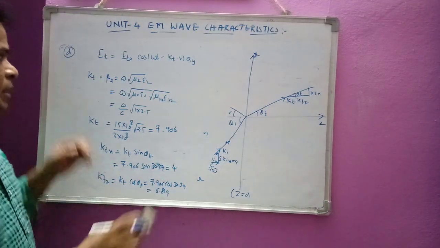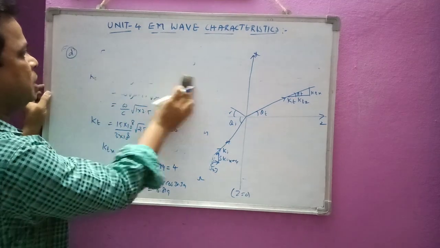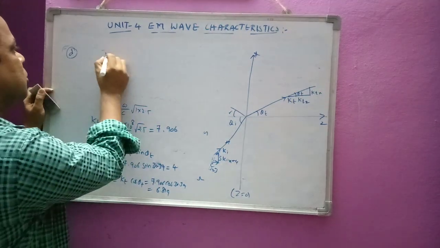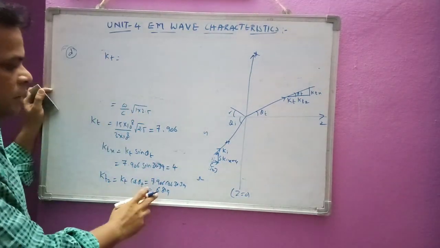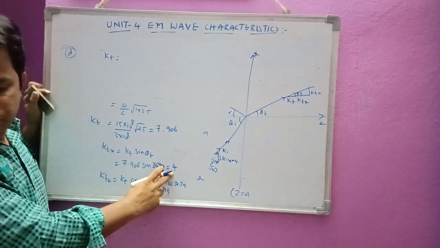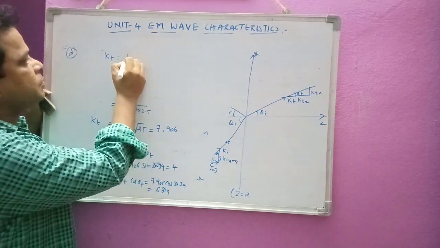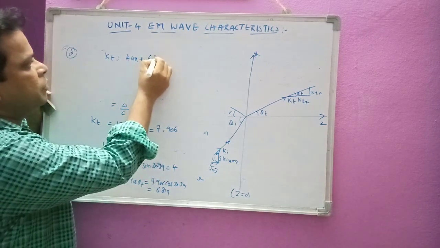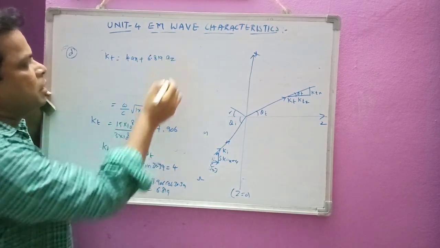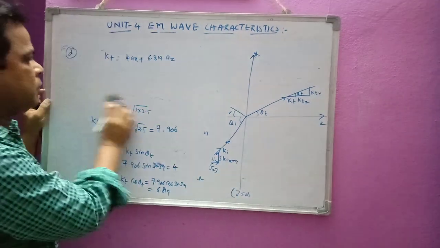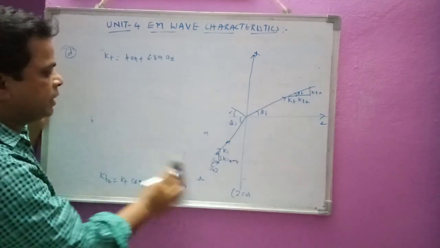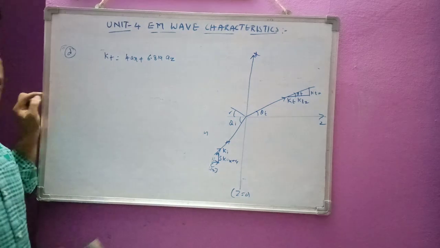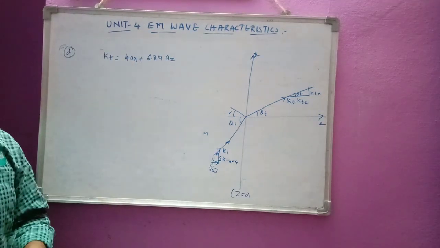Now I can write the propagation vector kt as 4ax plus 6.819 az. Now you can observe that the ax component of the incident, reflected and transmitted fields is going to be the same here.